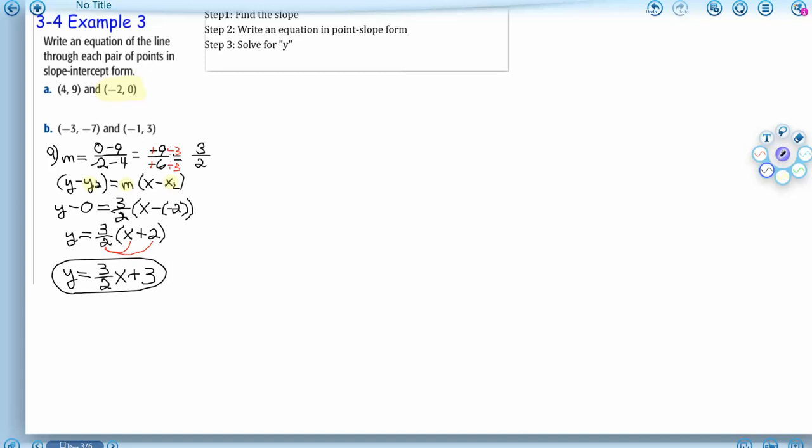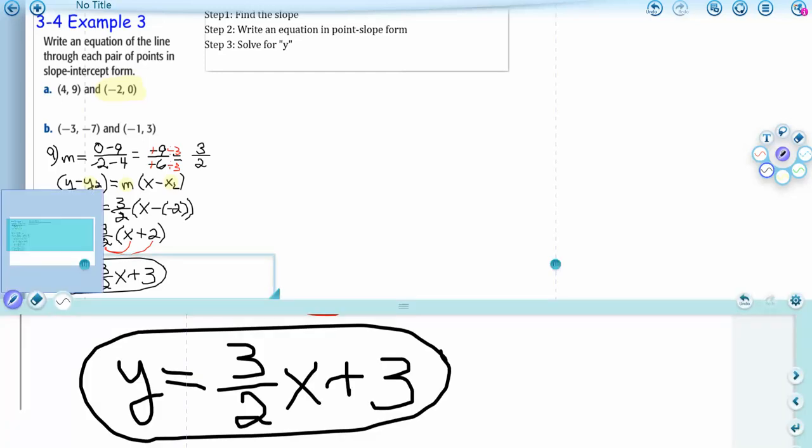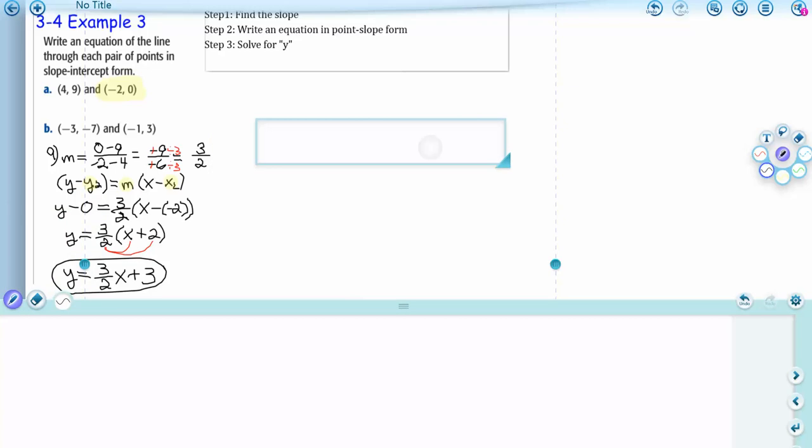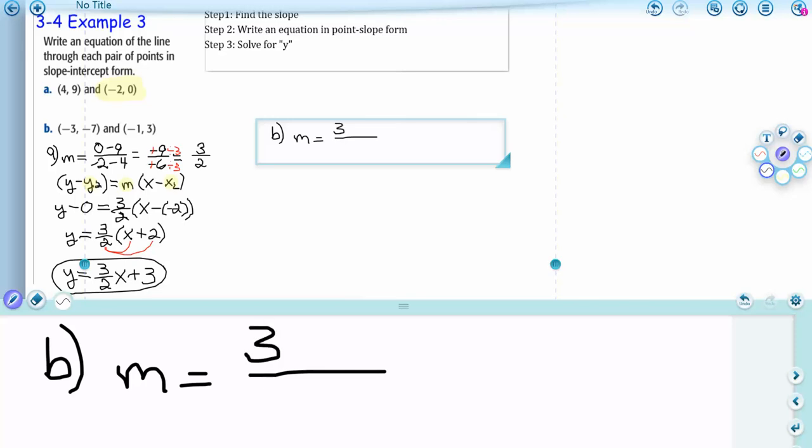Okay, now let's go on to question B. Again, I want to start out by finding the slope. Take my y's on top, so 3, that's the second coordinate in each ordered pair.